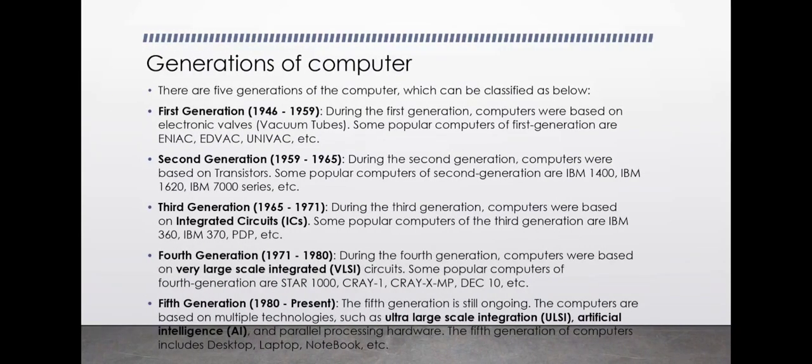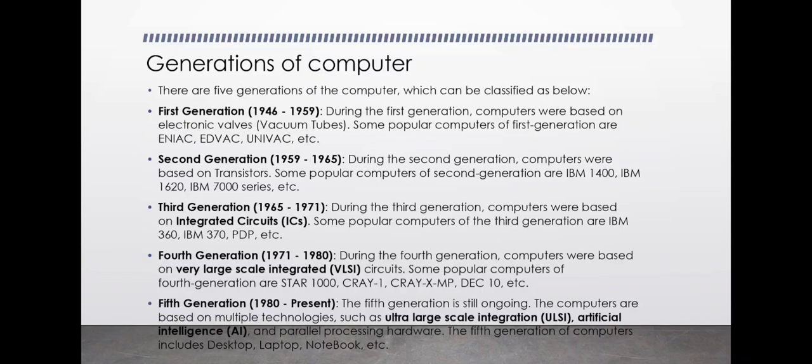Generations of computer. There are 5 generations of computer which can be classified as follows. First generation, 1946 to 1959. During the first generation, computers were based on electronic valves, vacuum tubes.